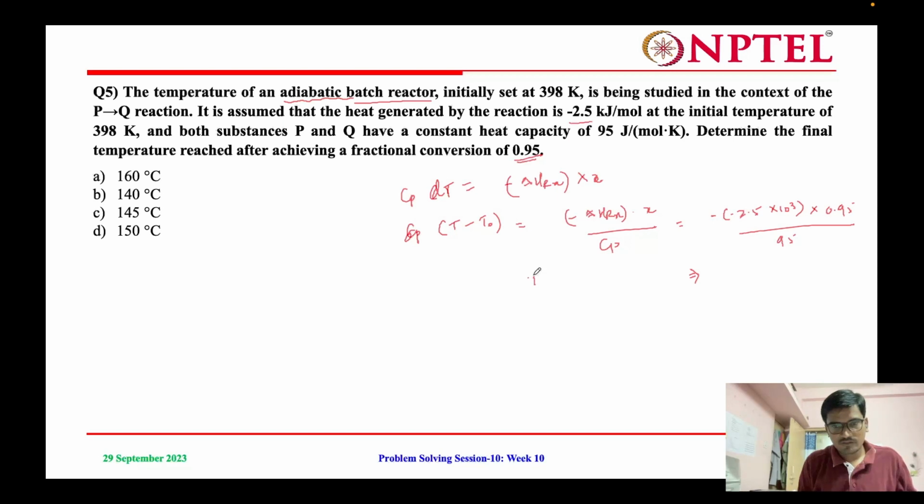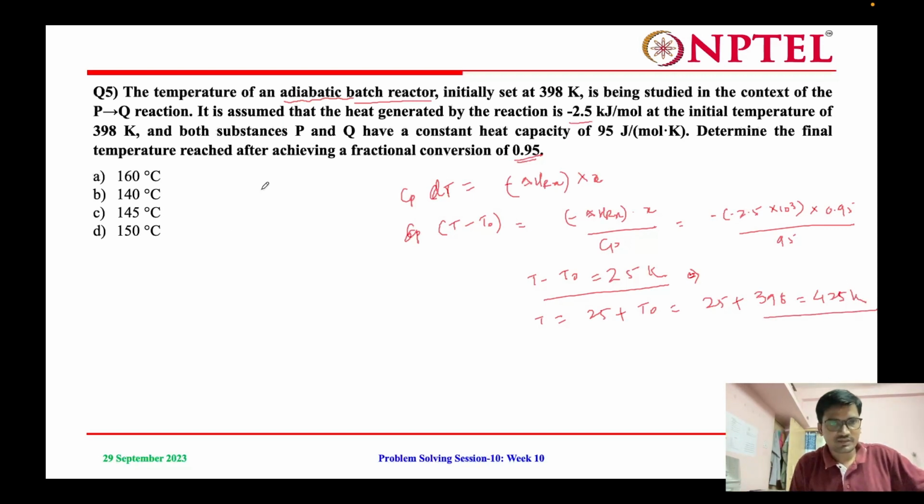So T minus T naught equals 25 Kelvin, and the initial temperature is given as 398 Kelvin. So T equals 25 plus T naught, which is 25 plus 398, equal to 423 Kelvin. In the options the unit is degree Celsius, so converting to degree Celsius gives 150 degree Celsius outlet temperature.